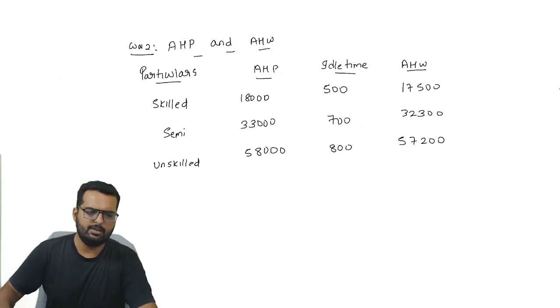Once you're done writing these two things, now I will draw the table in the earlier format. So what is the earlier format that we have now?